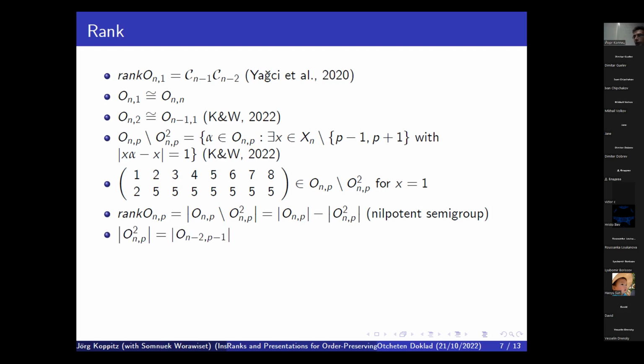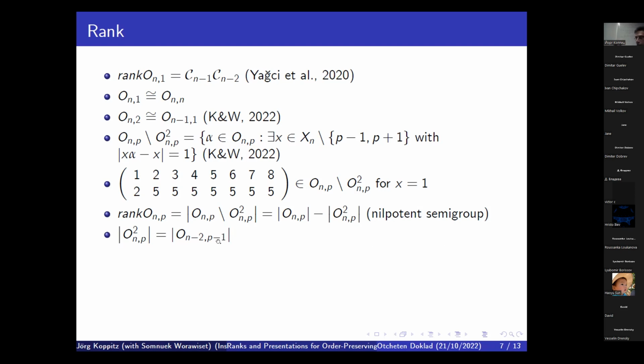Okay, and we know that the cardinality of this set is exactly the same, or we could show that the cardinality of this set is exactly the cardinality of the semigroup. That means we go to another set, namely the set Xn minus 2. That means we have a chain which has two elements less, and consider as a fixed point p minus 1.